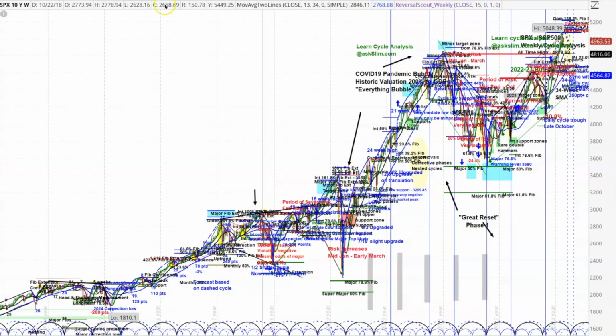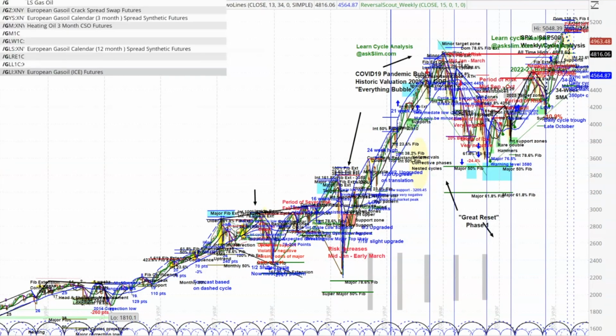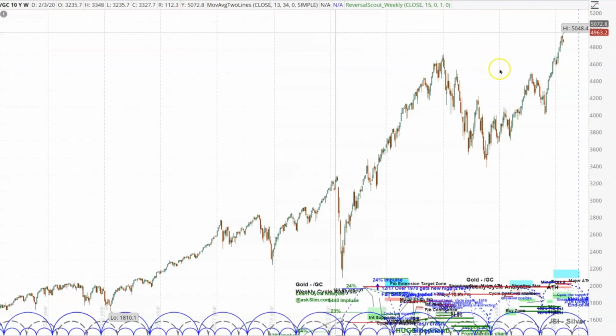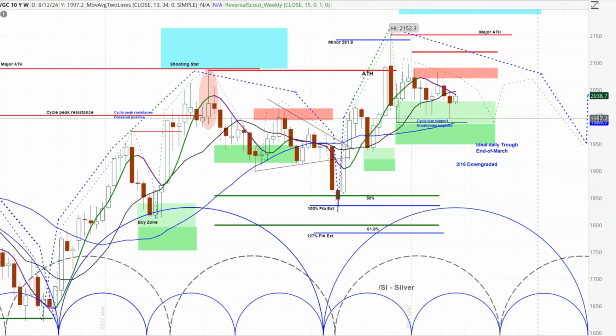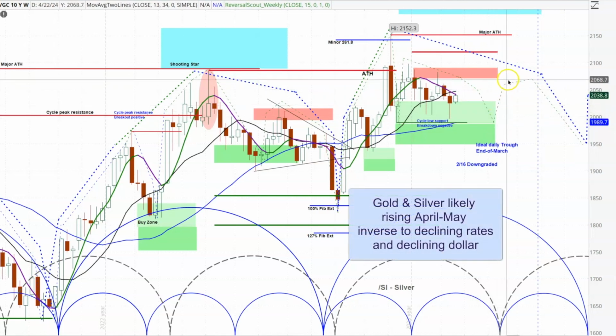Let's go back to these charts over here, and let's take a look at the gold market /GC, and you'll see in here that during this period right now that we're in, we're expecting a little more decline, but here is April and May where we're expecting it to move up.